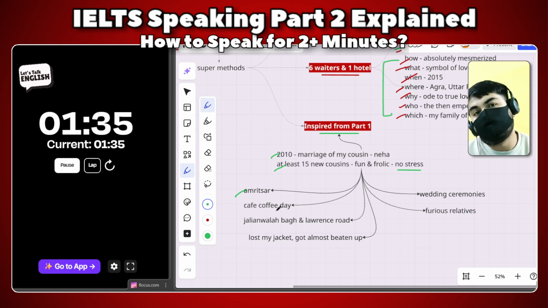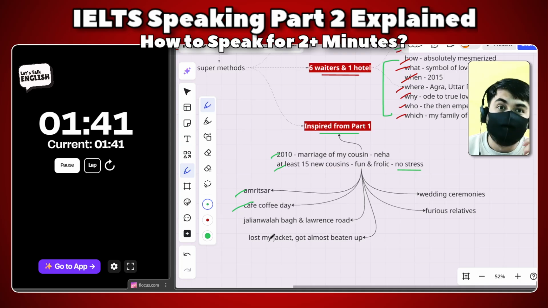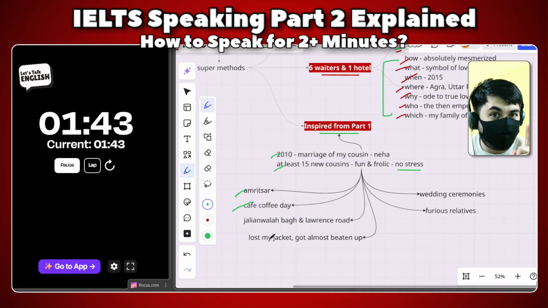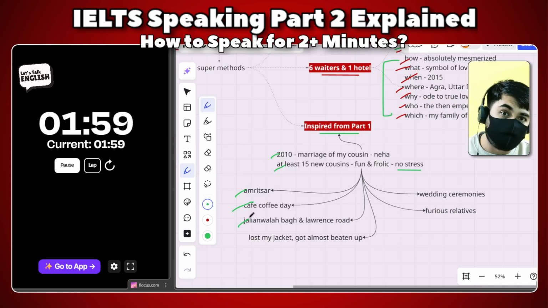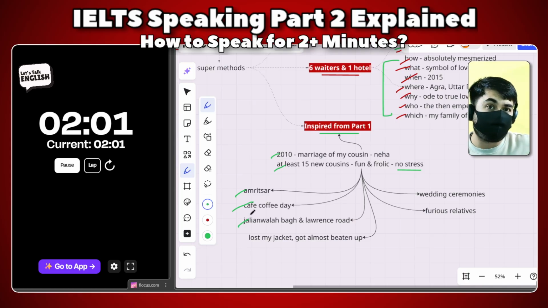The moment we got out of the train, one of my cousins who had come with Neha Didi from America first took us to Cafe Coffee Day at 2 a.m., and that is when I first got to know that there are cafeterias in this world which are open that late. To my surprise, I learned that Cafe Coffee Day in Amritsar on Lawrence Road, next to Jallianwala Bagh, is open 24 hours a day, 365 days of the year.